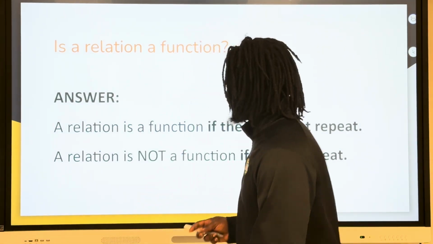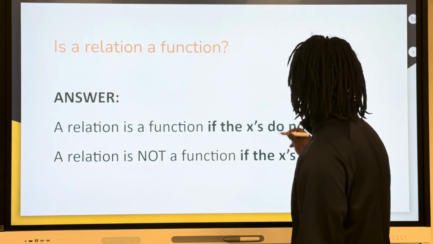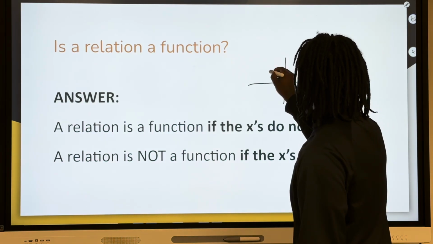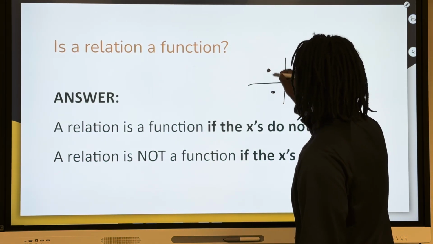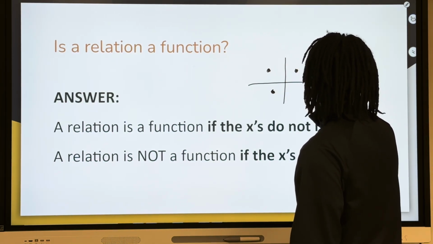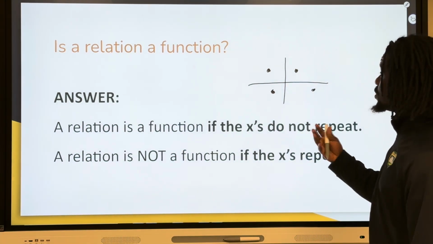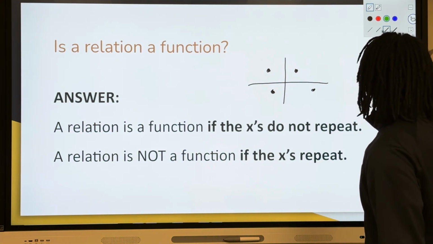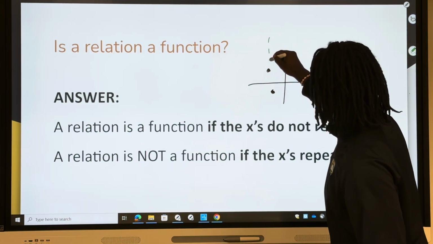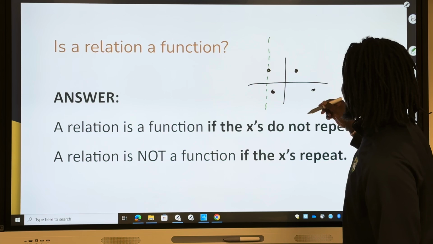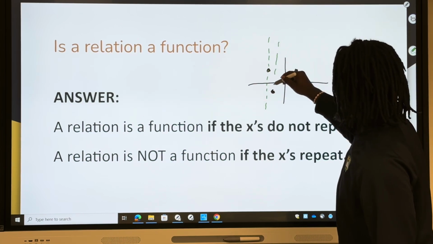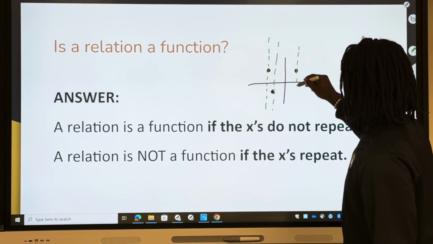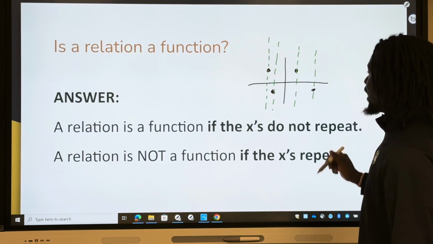In the event that you have a graph with a couple of different points, in order to know if it's a function, you have to do what's called the vertical line test. You imagine a vertical line. If it only touches at one point, then it is a function.